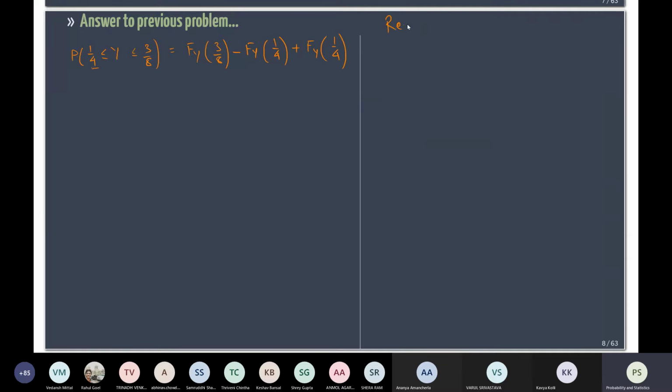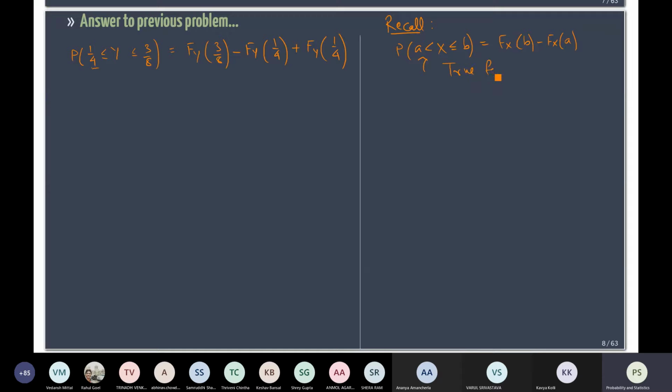Okay, so what we want to recall is the probability that a < X ≤ b. This is the formula that we wrote before: F_X(b) minus F_X(a). And there is equality here, so we added back this, and this is true.